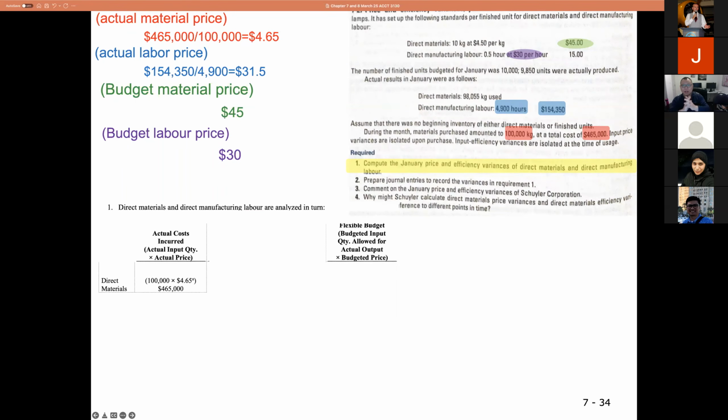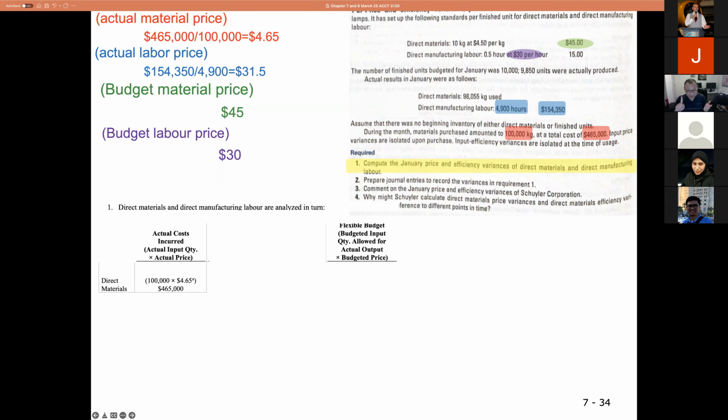10 kilograms, right? And what's the actual output of the lamp? 9,850. Very good. So 9,850, that's the actual output. And you want to know how many inputs are allowed.